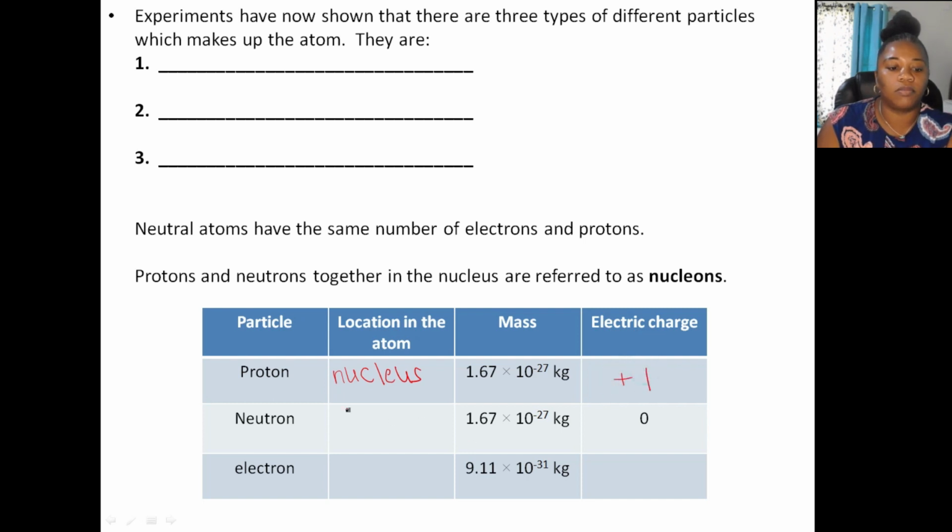For the neutron, the location of the neutron is also in the nucleus of the atom, and the neutron doesn't have any electric charge. And the electron will be found outside of the nucleus. It will be found in the energy levels or the shells, so the energy shells. And if you wrote outside of the nucleus, that's perfectly fine. And the electric charge of the electron is -1.